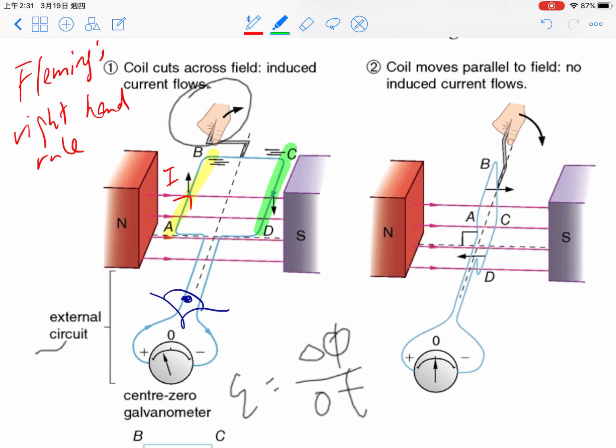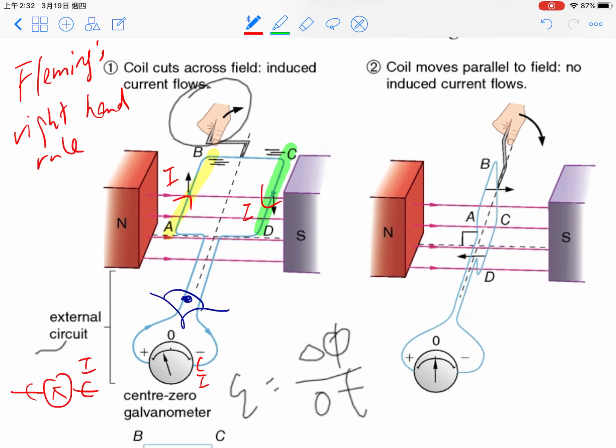The B field is to the right-hand side again, so the induced current will flow out of the paper. So the induced current is here. For the deflection of the galvanometer, it will point to the net current flow.